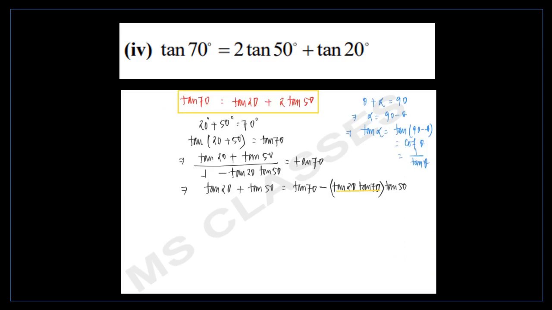So always keep in mind that if the sum of the two angles is 90, then the product of the tans is 1. Whenever it is there in the sum, you can utilize this technique. So that is 1, and once you have done that, you can write tan 20 plus twice tan 50 equal to tan 70.